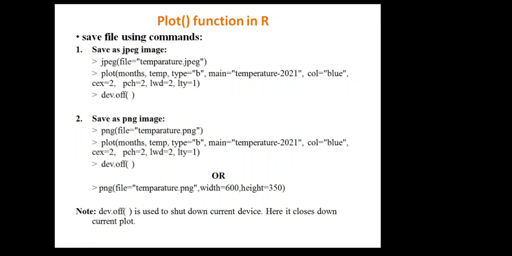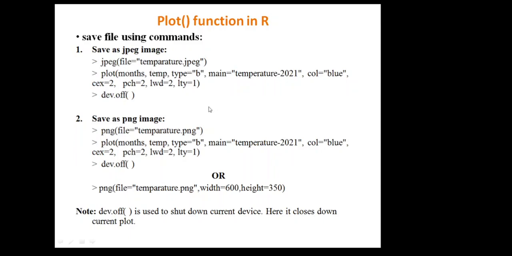So now we'll see what are the different commands to save that particular graph. First, if I want to save that graph as a JPEG image, then I'll write the JPEG function. Then in brackets we need to give some name to our file, that is, to our graph.